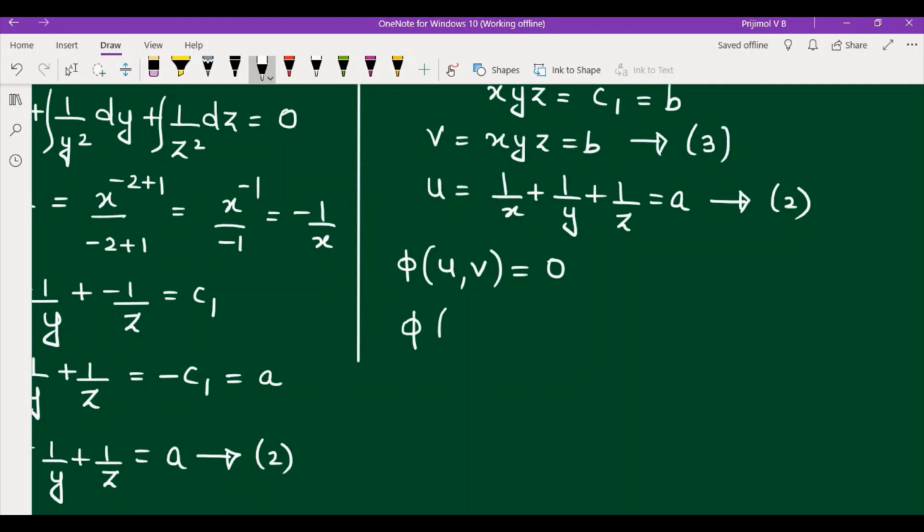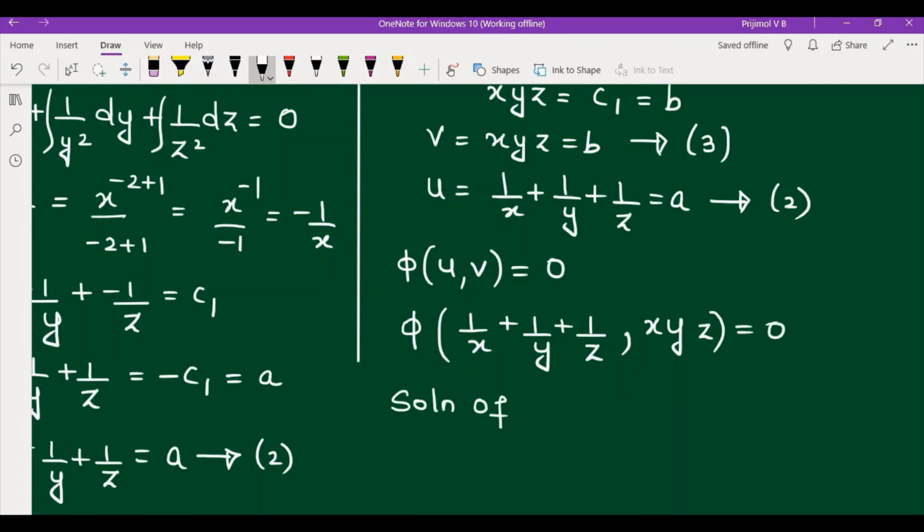So phi of 1 by x plus 1 by y plus 1 by z, comma, xyz equal to 0. This is the solution of Lagrange partial differential equation.